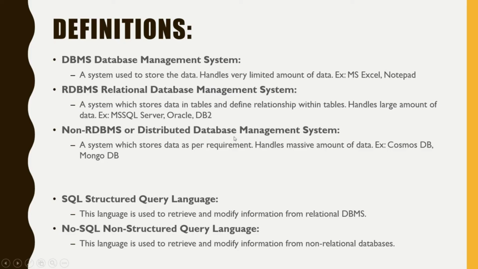Non-relational or distributed database management system stores data as per requirement. It can handle massive amount of data. Examples are Cosmos DB and MongoDB. Now next is the scripting language used to work on these DBMS systems. SQL, that is structured query language, is used to retrieve and modify information from relational DBMS, whereas NoSQL, that is non-structured query language, is used to retrieve and modify information from non-relational databases.